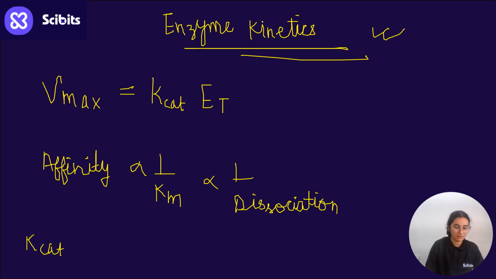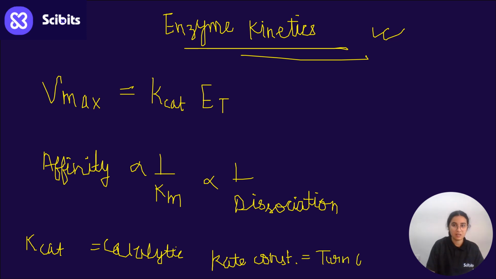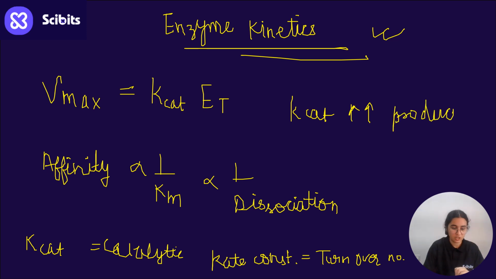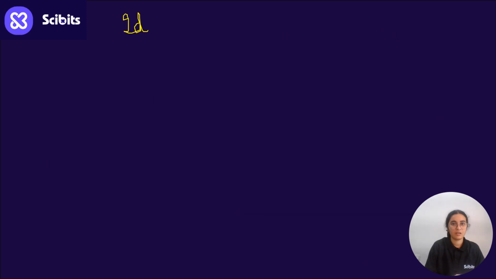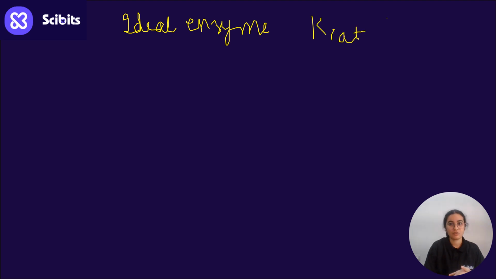So Kcat is the catalytic rate constant, or you can also say the turnover number, which means if the Kcat value is more, then the product formation will be more. For an ideal enzyme, we want more product to be formed, so the Kcat should be highest, but also we want maximum affinity, so the Km should be lowest.